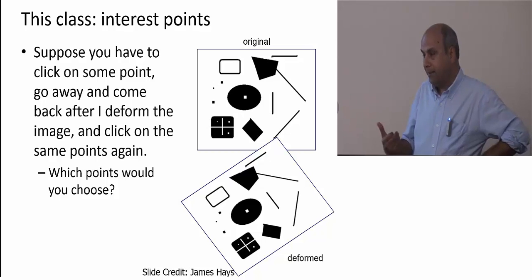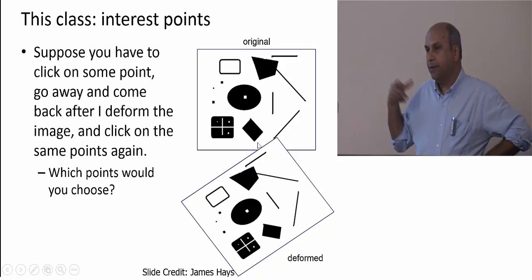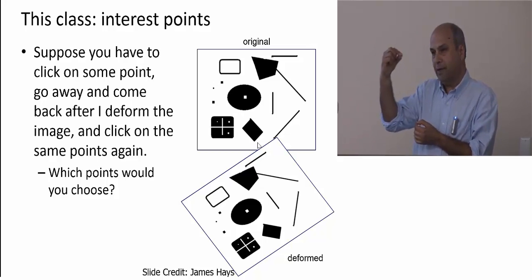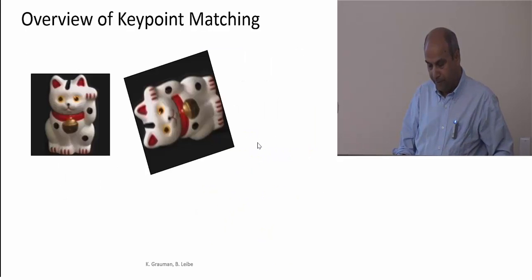Most of the time you select the points which are the corners, like these points. The main thing is that even if it's rotated or deformed, you can still say it's the same point, it's the same thing.